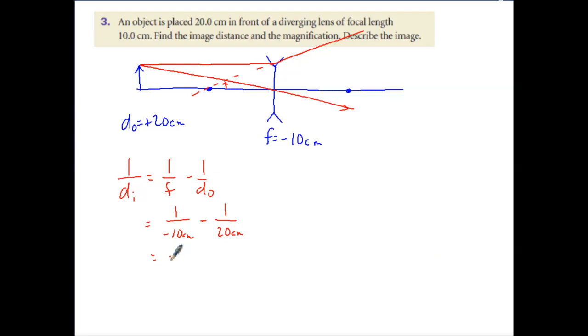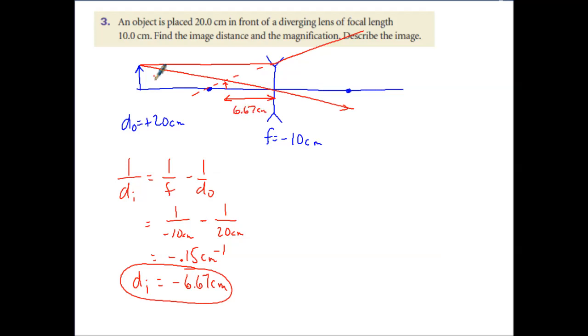We get a negative 0.15 inverse centimeters. So when I take the reciprocal of that, I get about negative 6.67 centimeters. Okay, so it looks like it's going to be in here, this distance, 6.67 centimeters on this side.